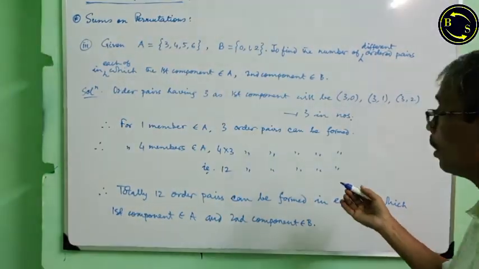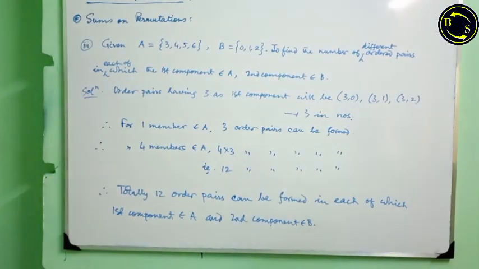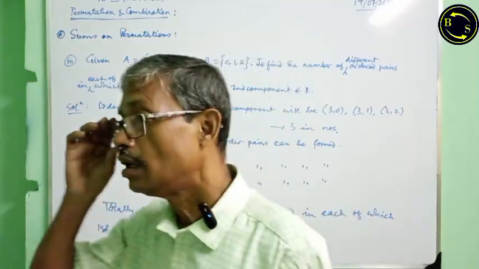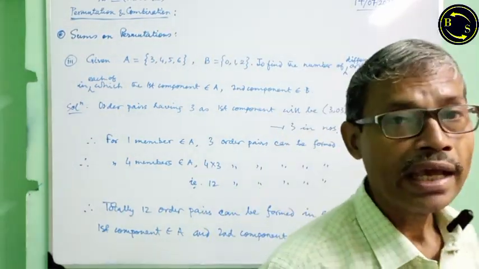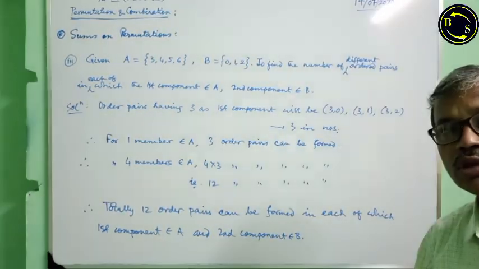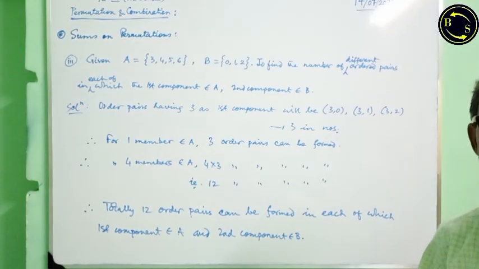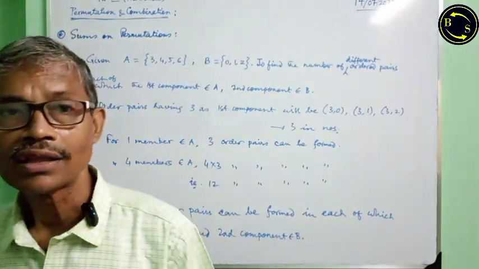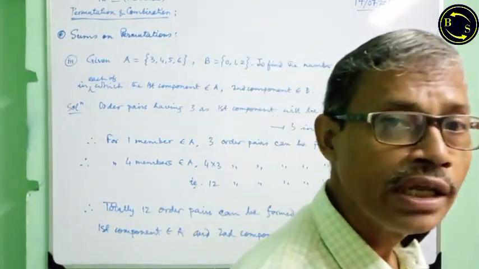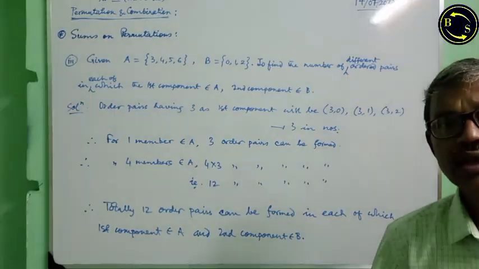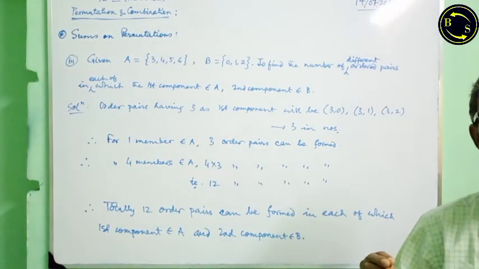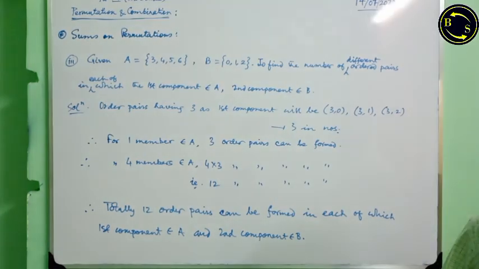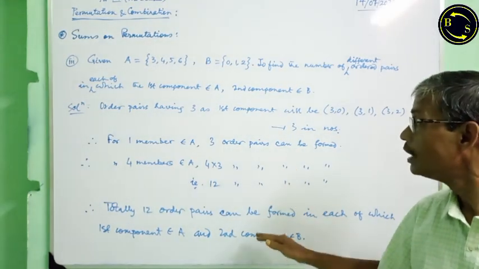Here we are using the fundamental principle of counting. Let us recall that if one operation can be performed in m different ways, and following that another operation can be performed in n different ways, then totally those two operations can be performed in m into n ways. You see, we have applied that concept.